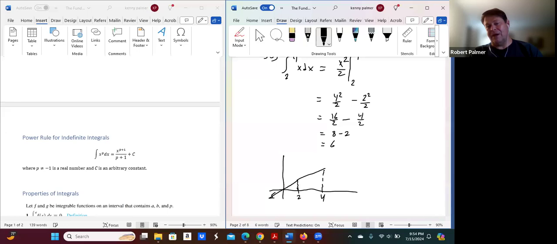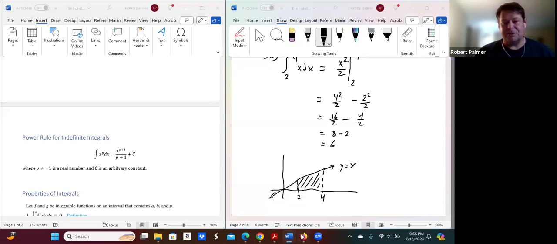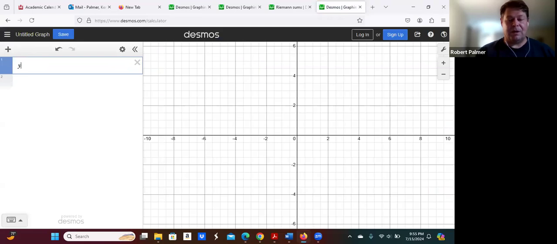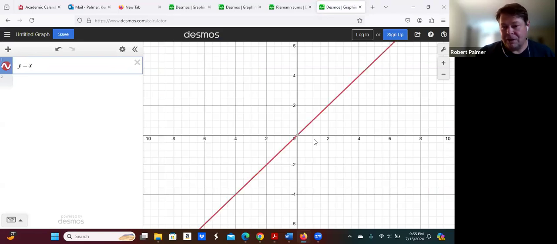So actually, let's go real quickly to Desmos and graph this. y equals x. Okay, so from 2 to 4, essentially what we have, and you can check this out on your own, is a square right here and a triangle.